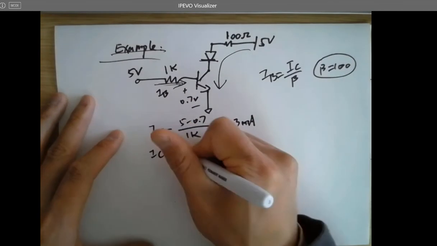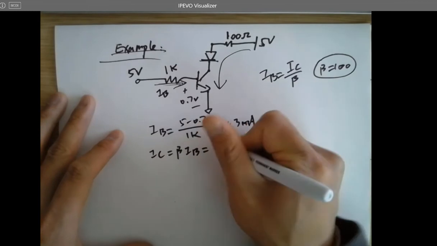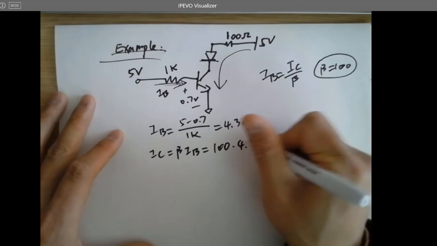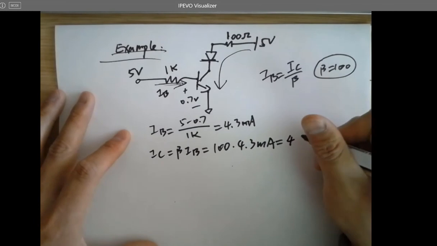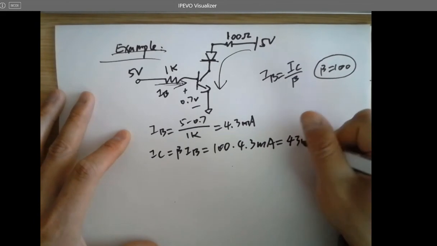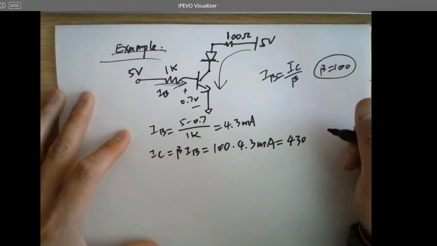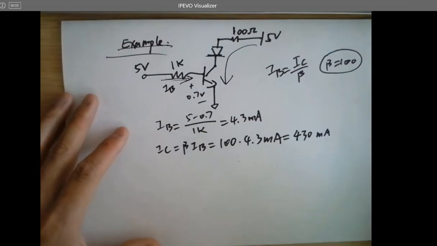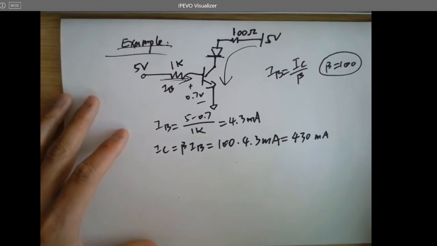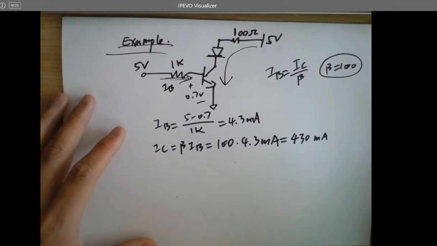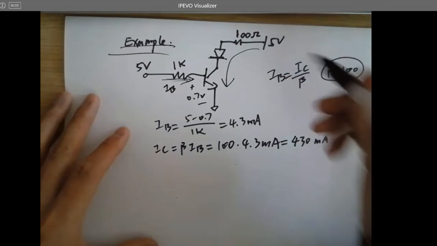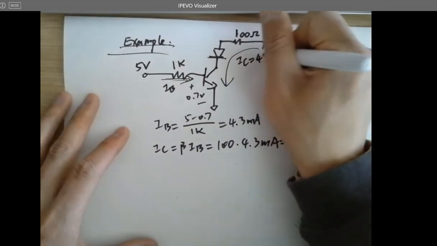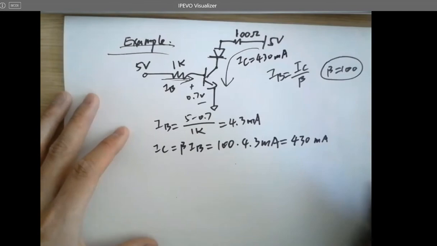So IC equals beta times IB, which is 100 times 4.3 milliamps, which is 430 milliamps. That's a lot. It's a lot of current. Ampere is a large unit, right? So IC is 430 milliamps.